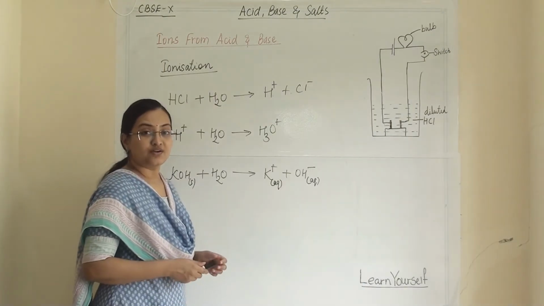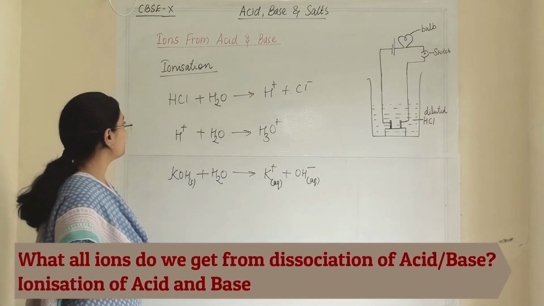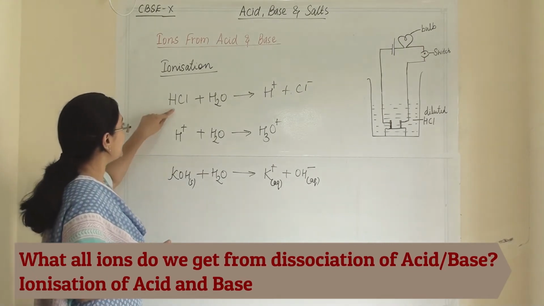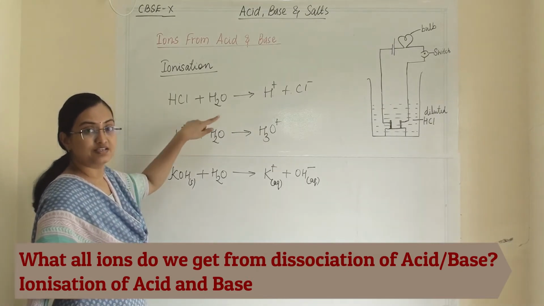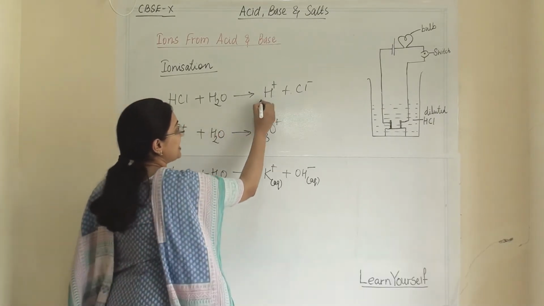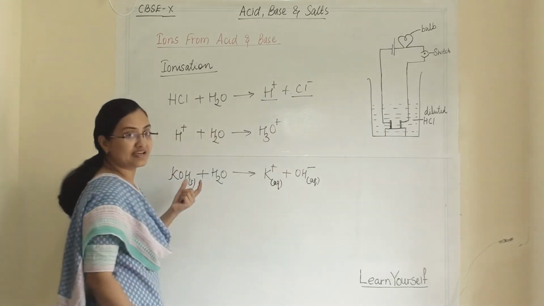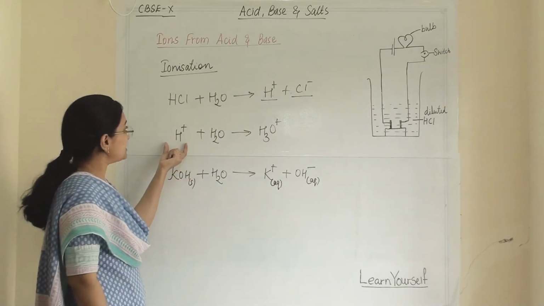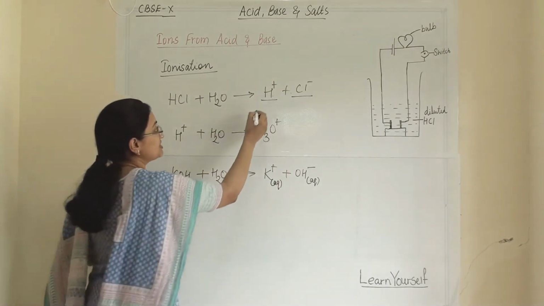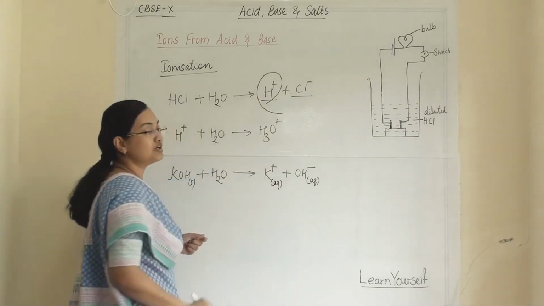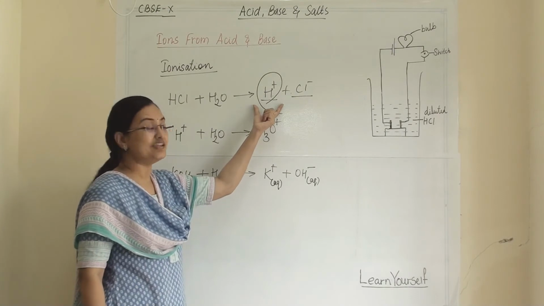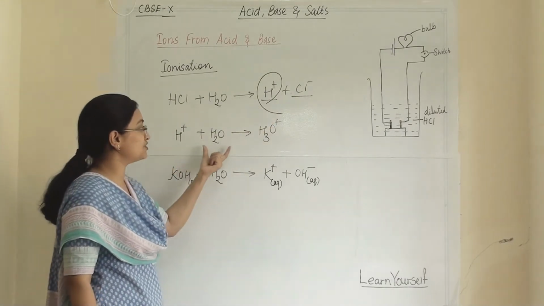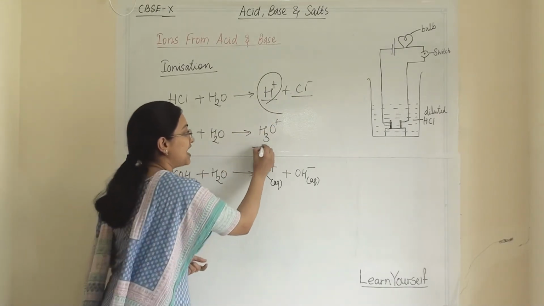Now, how does ionization happen in the case of acid and base? When we mix acid with water, we get H plus and Cl minus as products. Because the H plus ion is not stable alone, it again reacts with water and we get the hydronium ion.